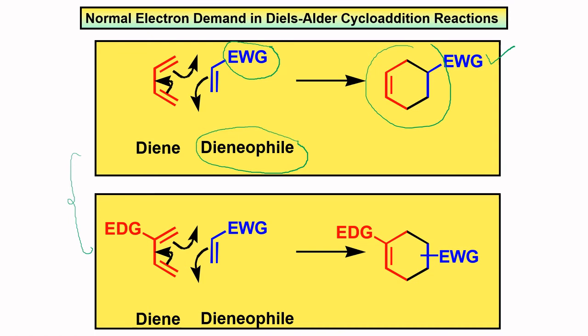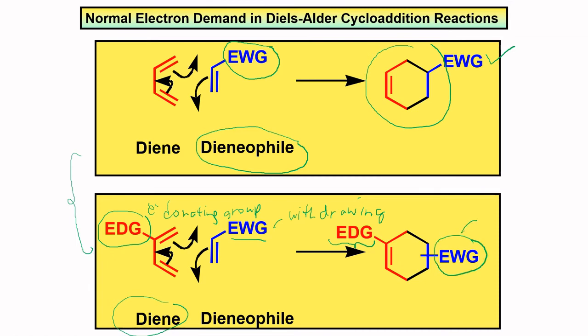Another condition is that the diene is attached to an electron donating group, and the dienophile contains an electron withdrawing group. So in our product, we will have the electron donating group at the diene side and the electron withdrawing group at the dienophile side.